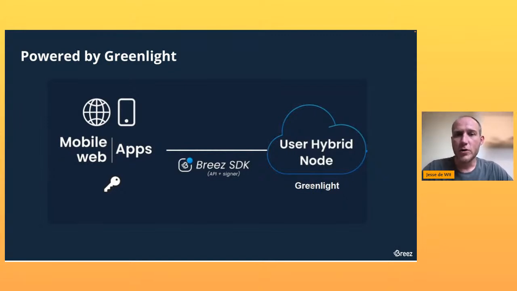Because hosting a node is a specialized business, and you don't want newcomers to have to think about database security, networking security, firewalls and upgrades and all these things. And so Greenlight takes that away from you. What you get on Greenlight is your own personal node. So you're not using their node to send payments. The end user gets his own node on the Greenlight infrastructure.